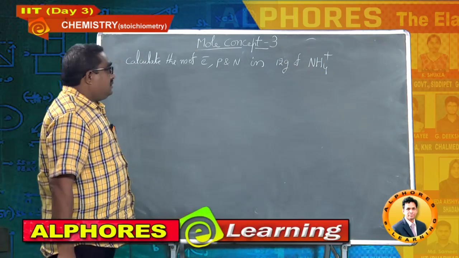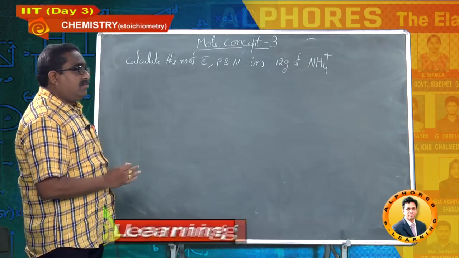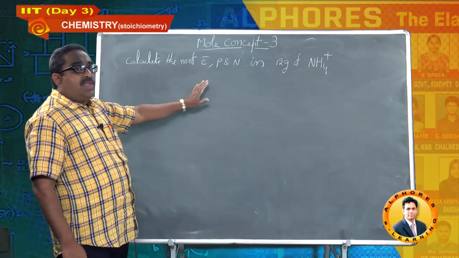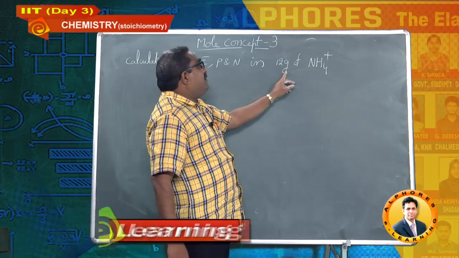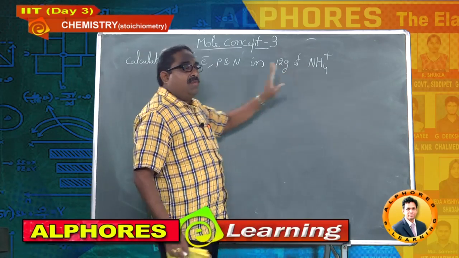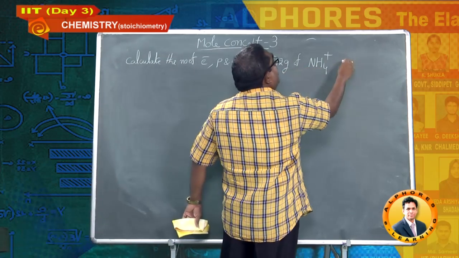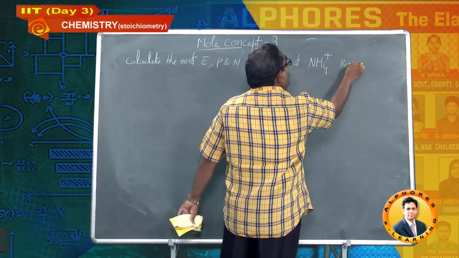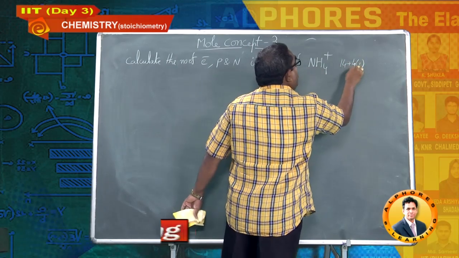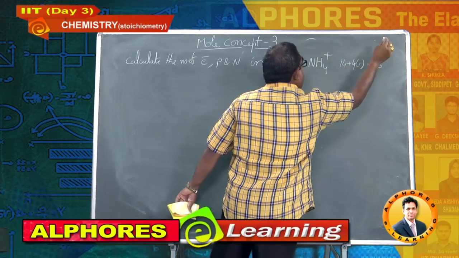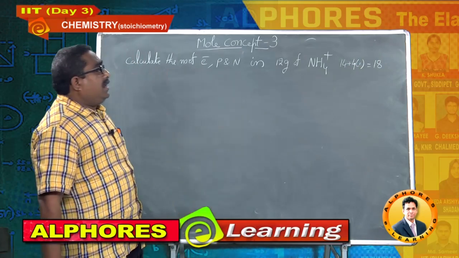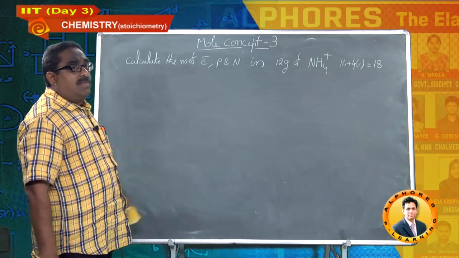Okay. Same approach we have to follow. First of all, we should calculate the number of species present in 12 grams of ammonium. For that, I have to estimate first the formula weight of this. Nitrogen atomic weight 14 and 4 into 1, that is total 18 grams is the formula mass of the ammonium ion.